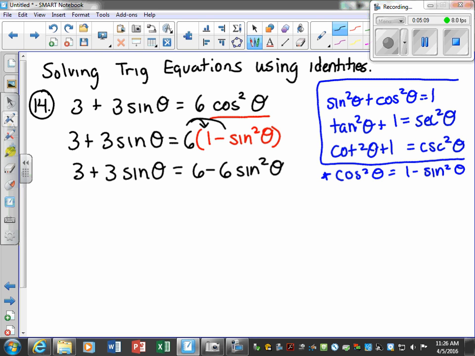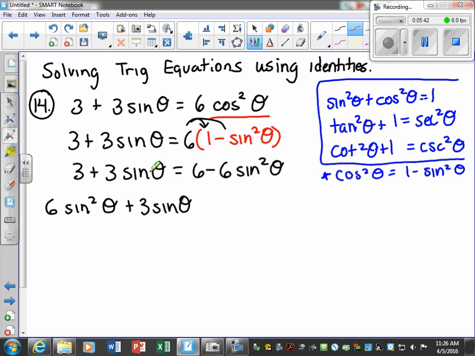All right, our next step is we want to move everything to the left and get 0 on the right so we can have something equal to 0. So I'm going to subtract 6 from this side, and I'm going to add 6 sine squared to the other side. And then I'm just going to put those in order. So I'll have positive 6 sine squared theta on this side. Okay, then I'll have 3 sine of theta. So my first one was when I moved this one over.